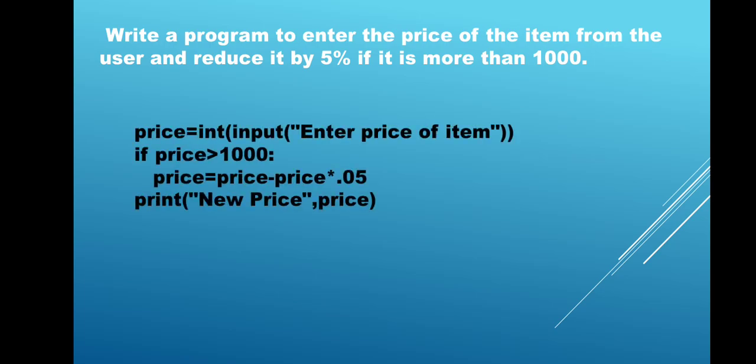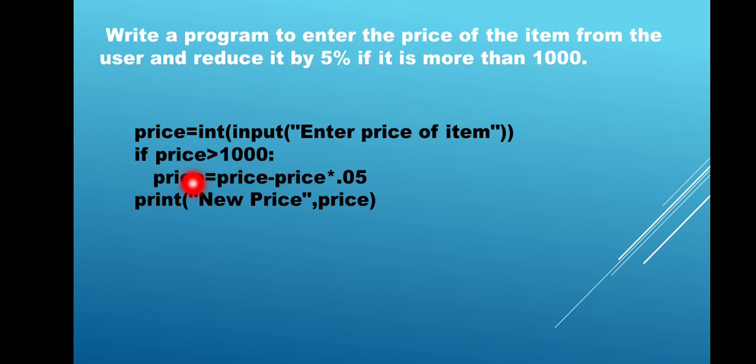See, first of all, a value is taken as input from the user. After that, this value which is stored in the variable price is checked through the if statement. And the statement is: if price greater than 1000. Now the colon is indicating the end of the header line.